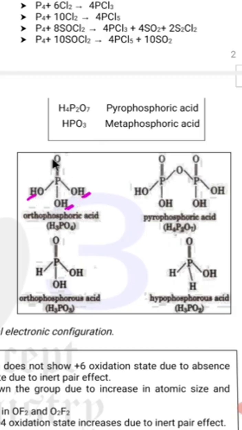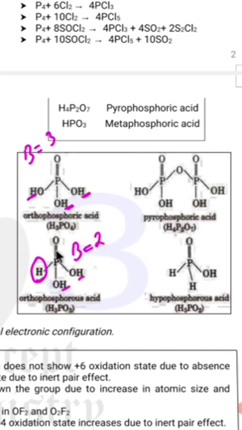So basicity of this orthophosphoric acid will be 3, and this is our phosphorus acid, or you can say orthophosphorus acid. Out of these 3 hydrogens, only 2 hydrogens are attached to oxygen, while this hydrogen which is directly attached to phosphorus is not ionizable. So in basicity we must include only these 2 hydrogens.